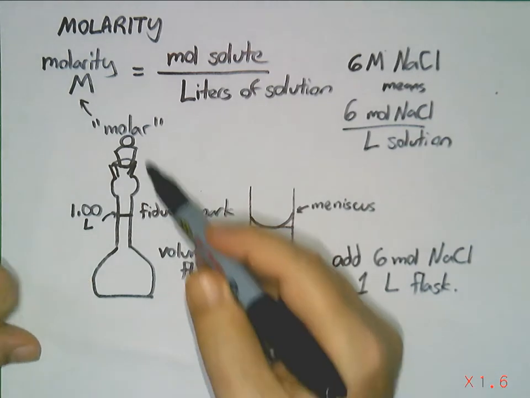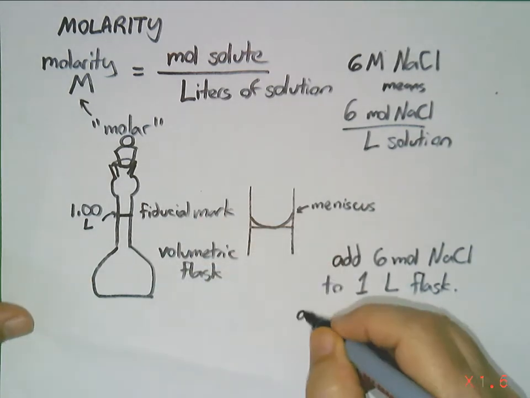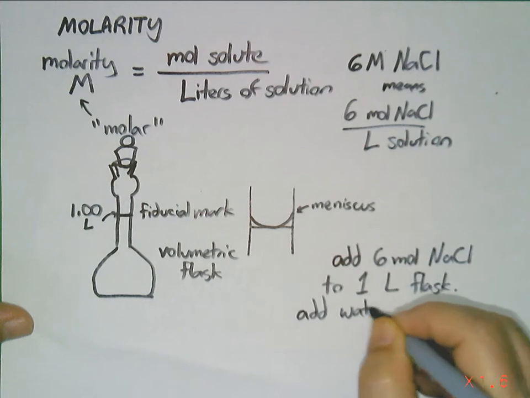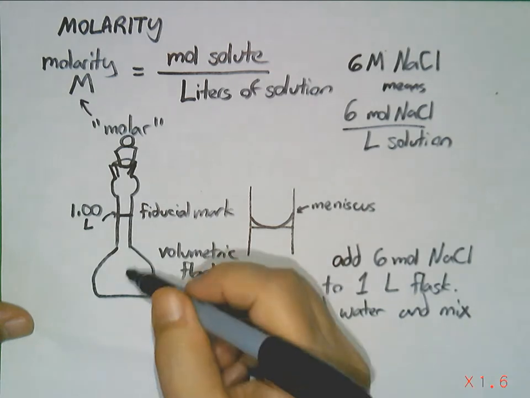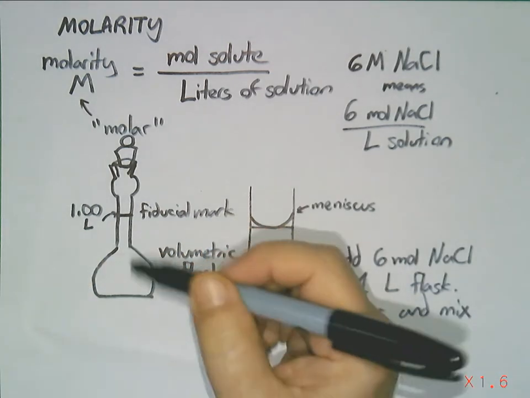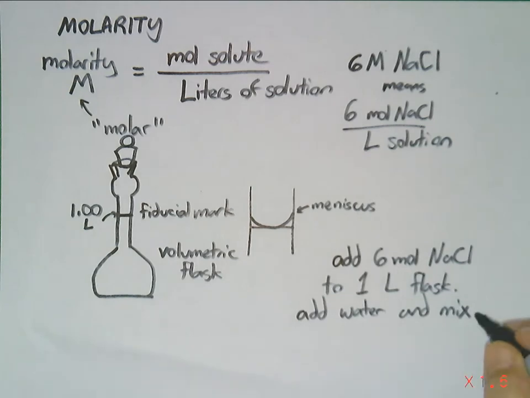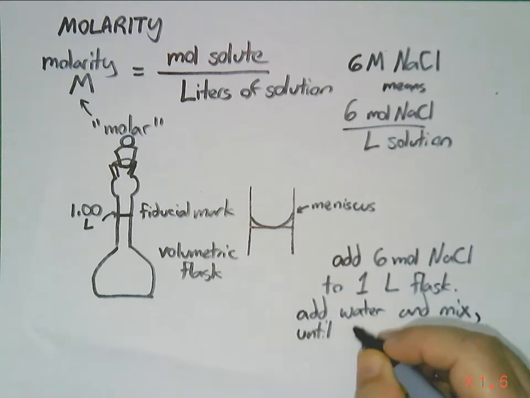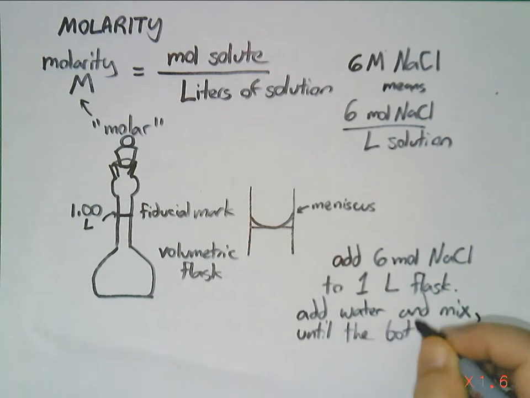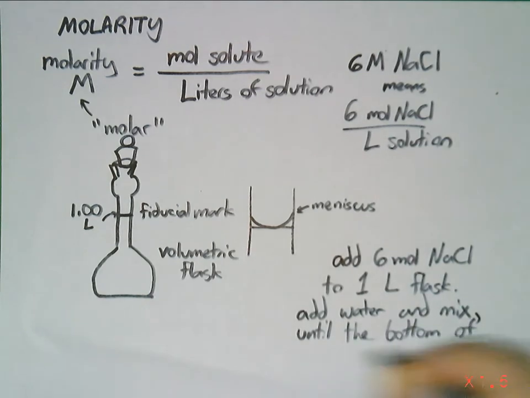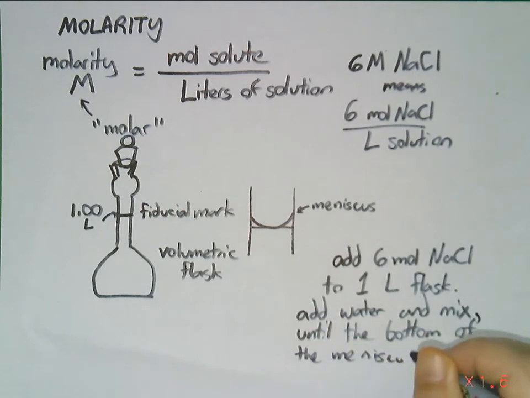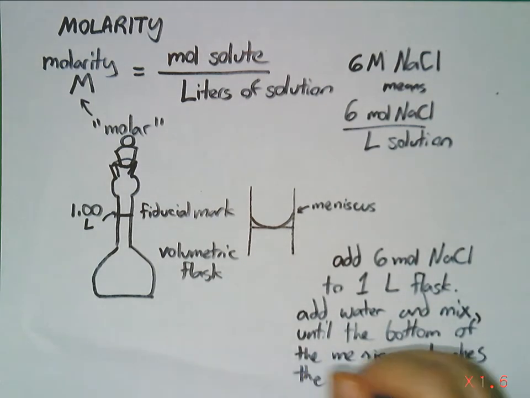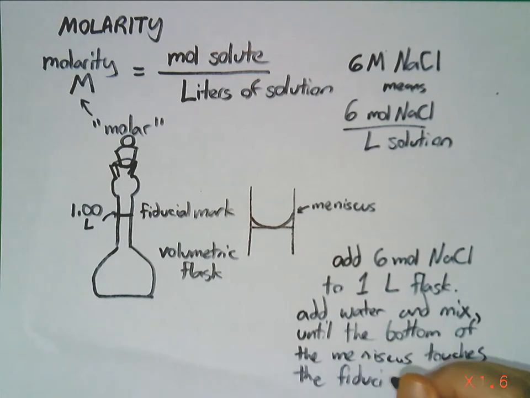Then I'm going to add some water and mix, some more water and mix, so that I keep mixing it as I'm adding the water until the bottom of the meniscus touches the fiducial mark.